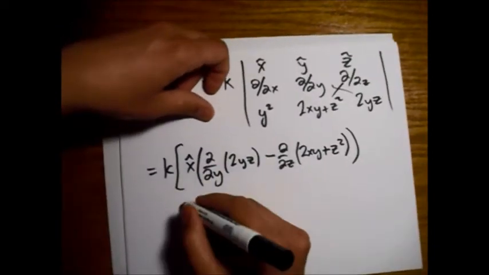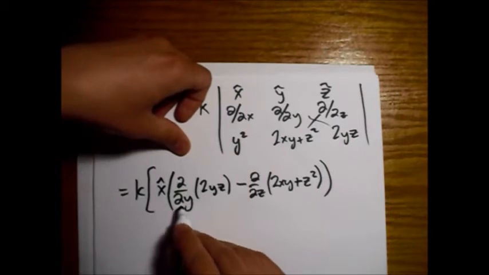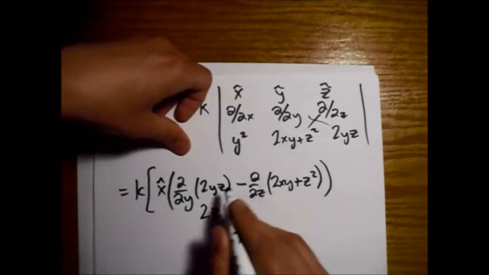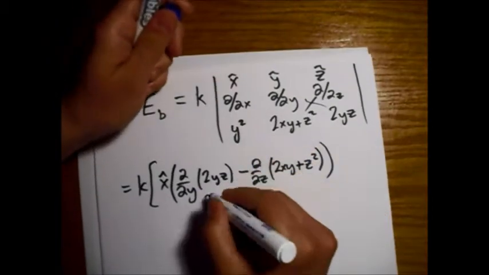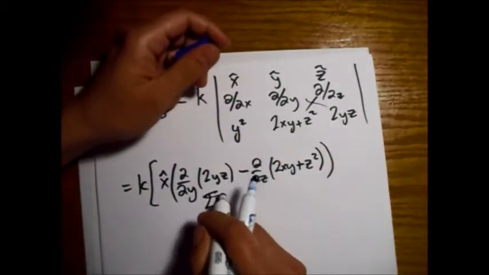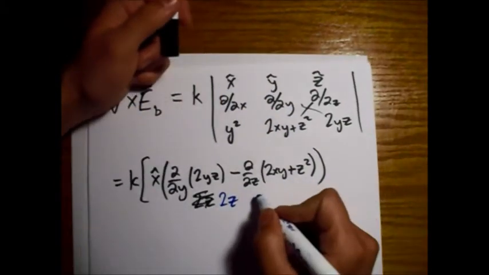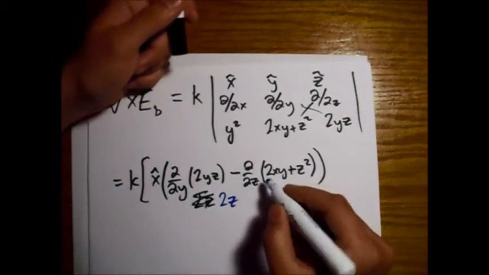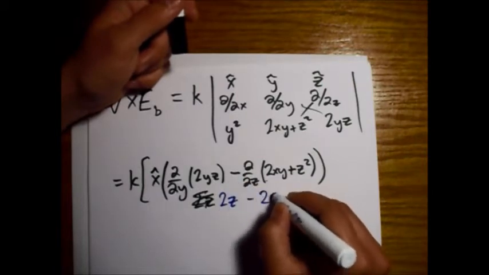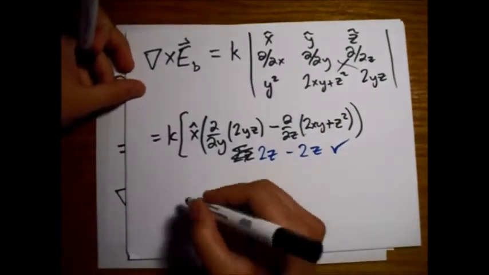Okay, and what do we have here real quick? This one gives us a 2z here. Okay, so we have a 2z, and then we get 0 for this first term here, and we get a 2z, and there's a minus sign, so minus 2z. Alright, so our first term in our curl is 0, so we're off to a good start.